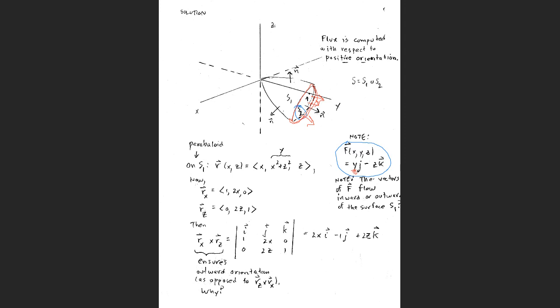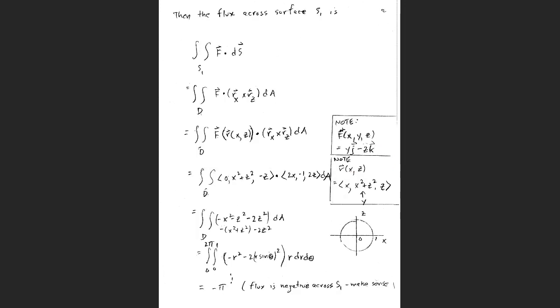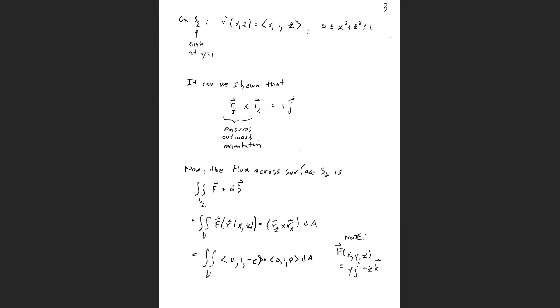Those vectors are going with the flow in terms of the positive orientation of the normal vector. Okay, so let us continue here. So here is my second surface. There's the vector parameterization, I want to say it the right way. Section 10.5 is when you learned about parametric surfaces.